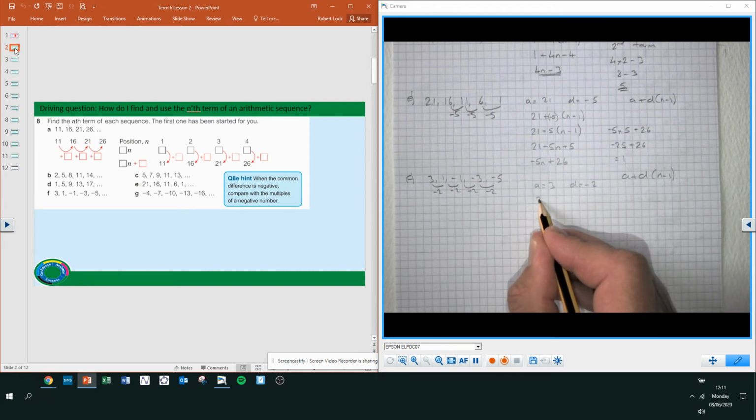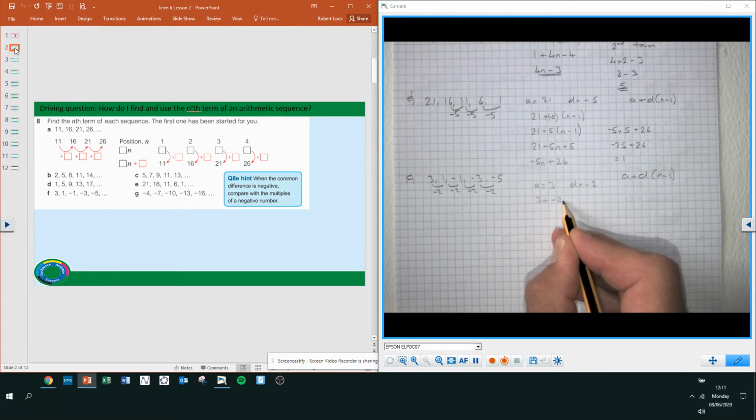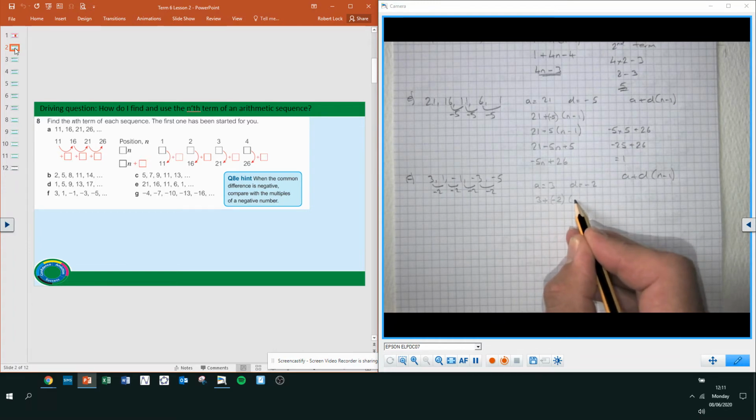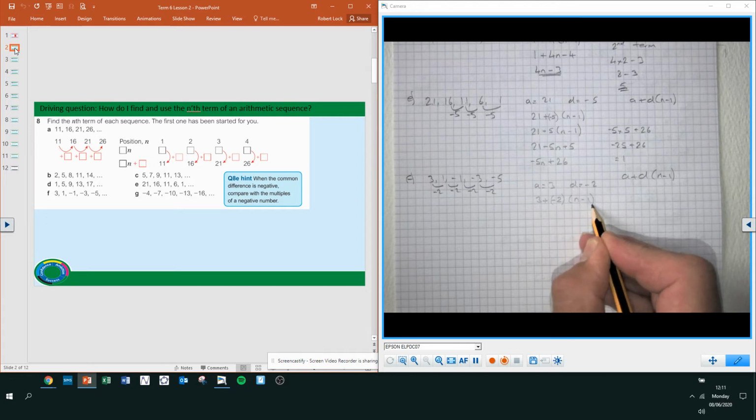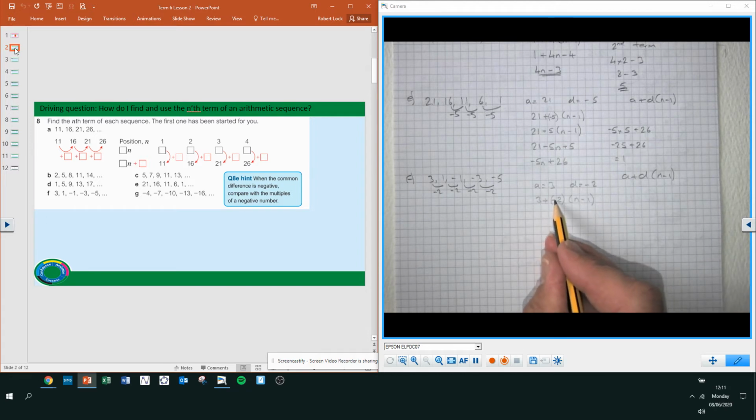So we end up with 3 plus minus 2 bracket n minus 1 bracket. Plus and a minus, 2 signs same, positive, 2 signs different, negative. So 3 minus 2 bracket n minus 1 bracket.